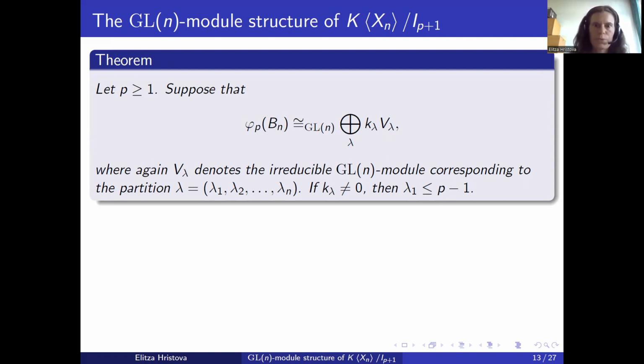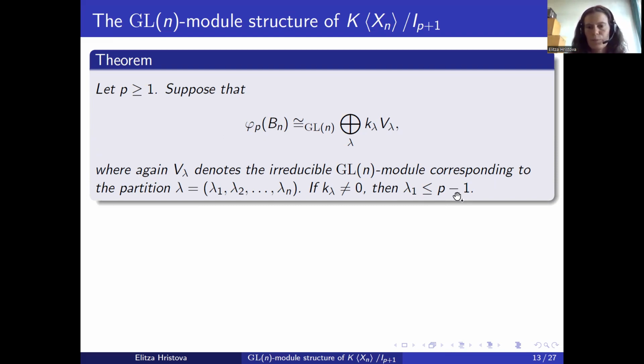If it appears with non-zero multiplicity, then necessarily lambda 1 should be bounded by the number p minus 1. Or in other words, this subalgebra is finite dimensional because there are only finitely many partitions that satisfy this property.